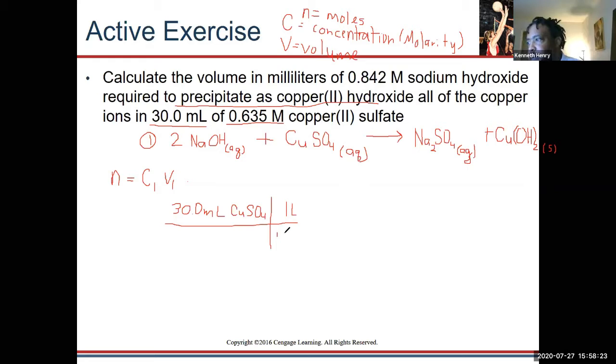Okay, 1 liter on top, 1,000 mils on the bottom. And then our molarity is going to kind of serve as an equivalency, right?